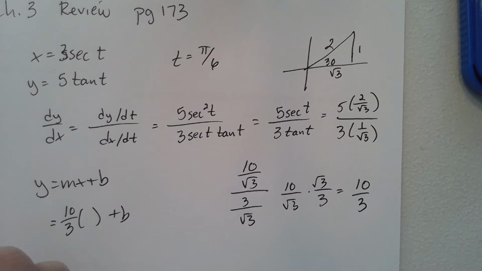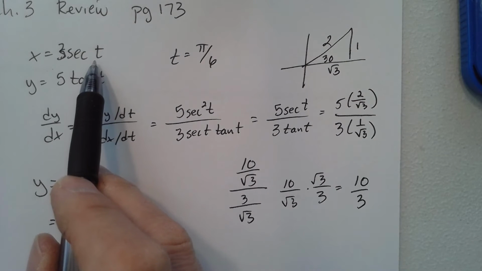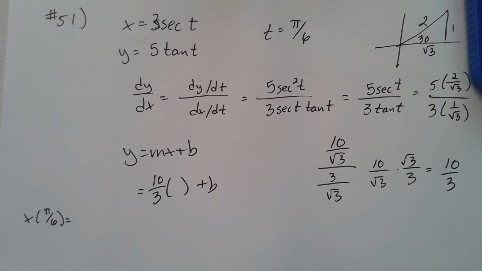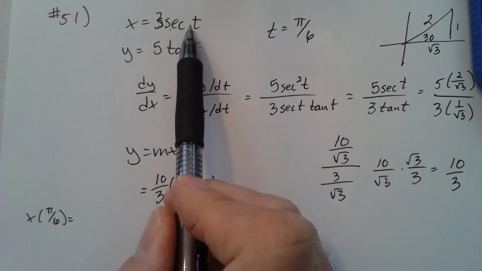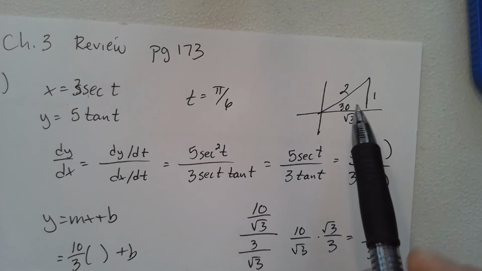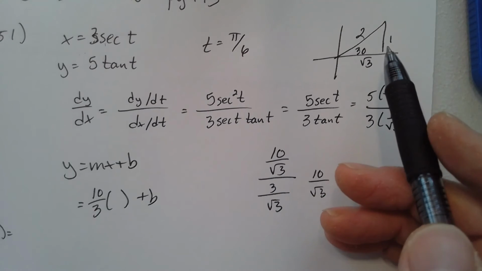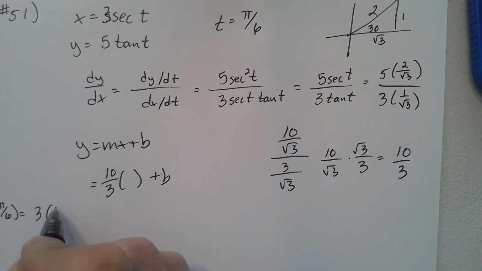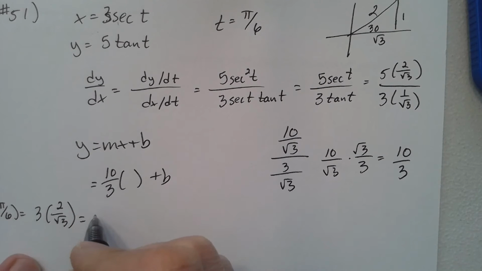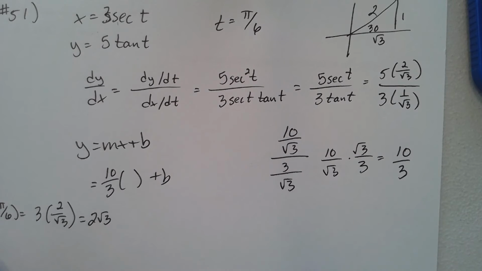So x of pi over 6 is 3 times the secant of pi over 6. Secant of pi over 6 is 2 over square root of 3. So it's 3 times 2 over square root of 3, which is 2 square root of 3.